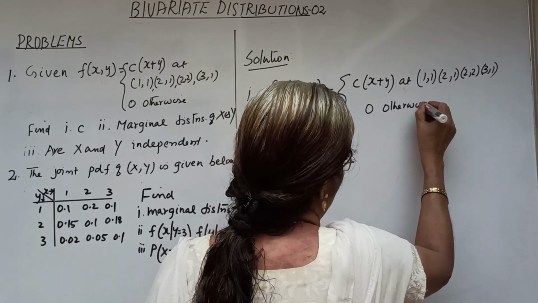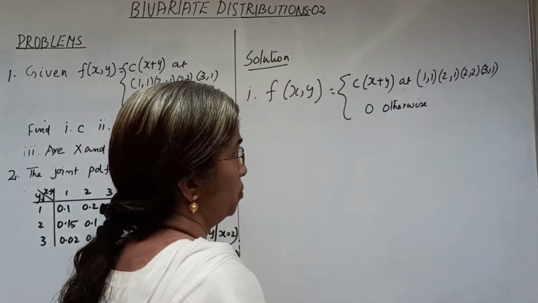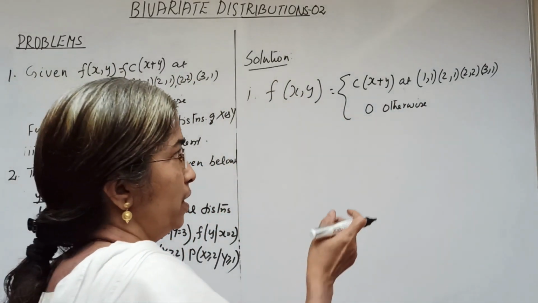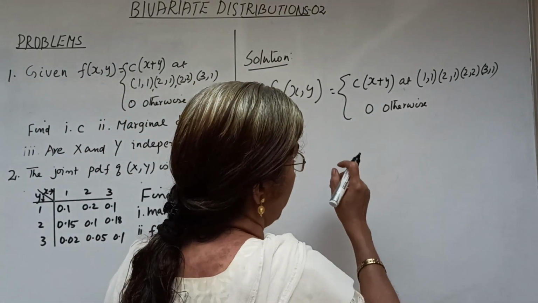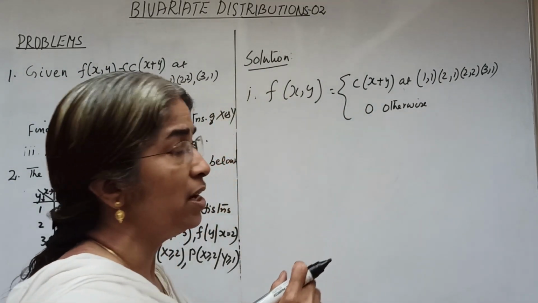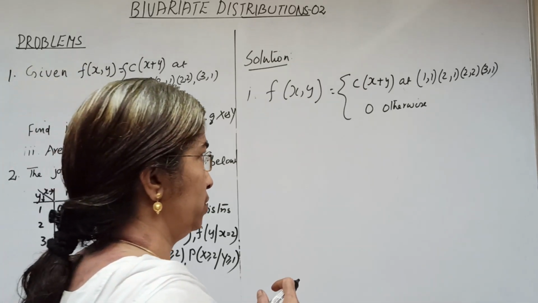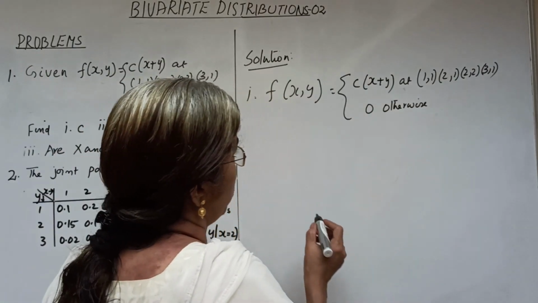That is, for all other pairs, it takes the value 0. It is very important to note this point. This f of xy takes the function c into x plus y at these pairs only.